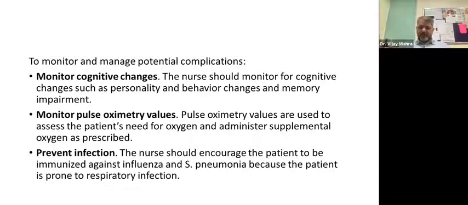Monitor pulse oximetry values. Pulse oximetry values are used to assess the patient's need for oxygen and to administer supplemental oxygen as prescribed. Preventing infection is probably the most important thing.